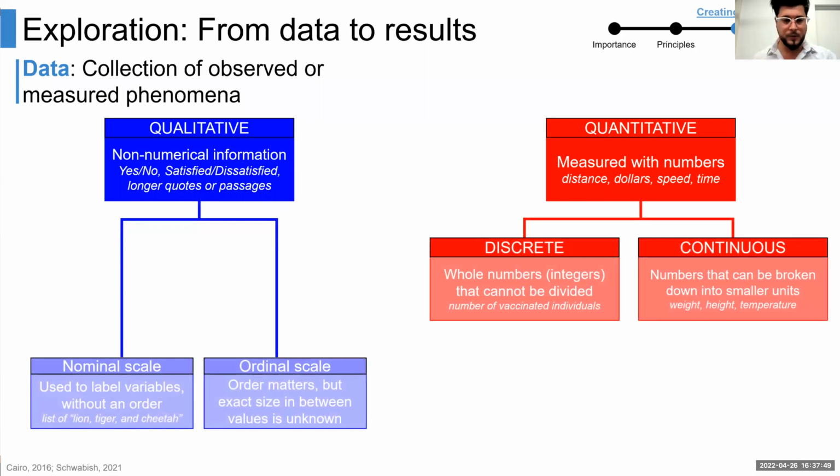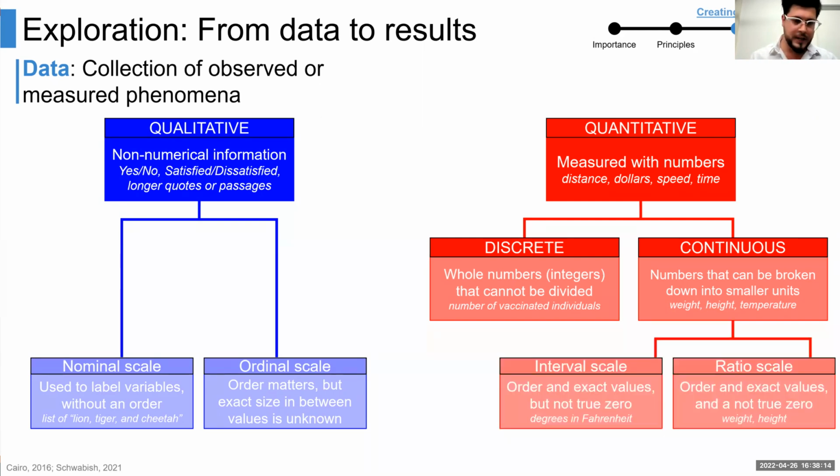On the quantitative side, data can be either discrete or continuous, and that is very important in terms of how we visualize numerical data. Discrete data are whole numbers, integers that cannot be subdivided. Continuous data, for instance, are numbers that can be broken down into smaller units such as weight, height, and temperature.